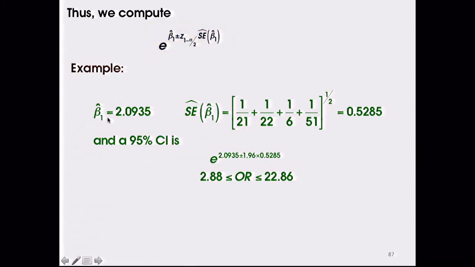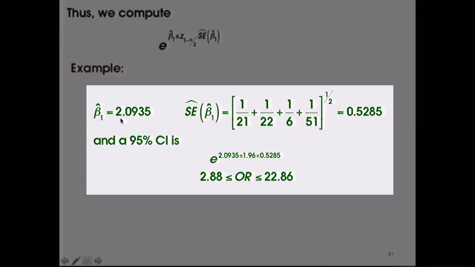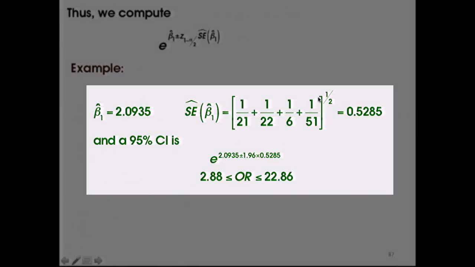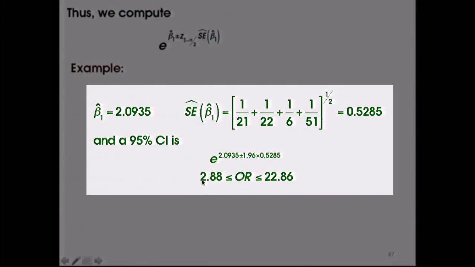Okay, so in our example, the log of the odds ratio was 2.0935. The standard error of the log of the odds ratio is 1 over A plus 1 over B plus 1 over C plus 1 over D, where A, B, C, D are the cell frequencies. You add that up, take the square root, and you get 0.5285. So the 95% confidence interval is e to the 2.0935 plus or minus 1.96 times the standard error of the log of the odds ratio. Since you're exponentiating, you find that the odds ratio confidence interval is 2.88 to 22.86.